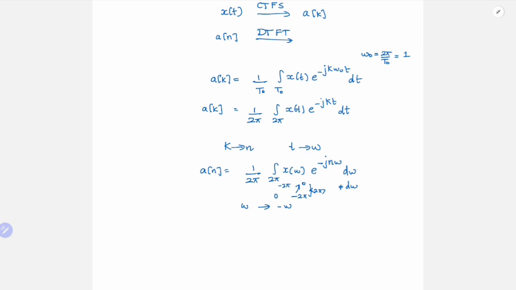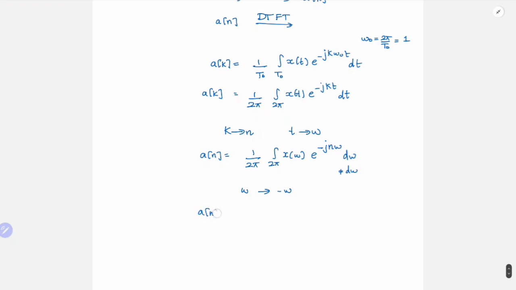So my integral will not change its sign and it will remain the same. So my a[n] will be equal to 1 over 2π integral still over 2π x(-ω) e^(jωn) dω.